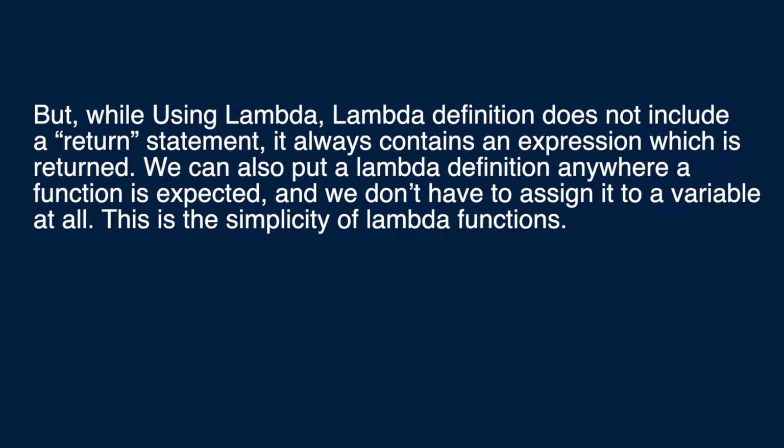But while using lambda function, the lambda definition does not include a return statement. It always contains an expression which is returned. We can also put a lambda function anywhere a function is expected, and we do not have to assign it to a variable at all. This is the simplicity of lambda functions.